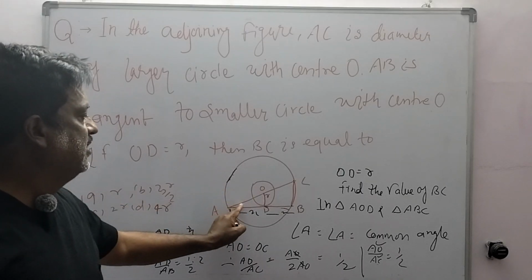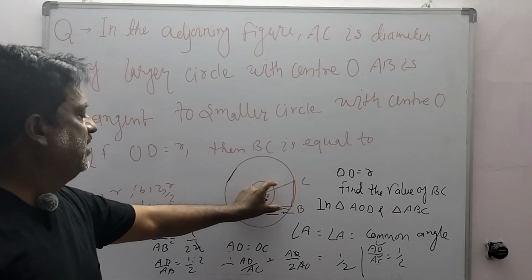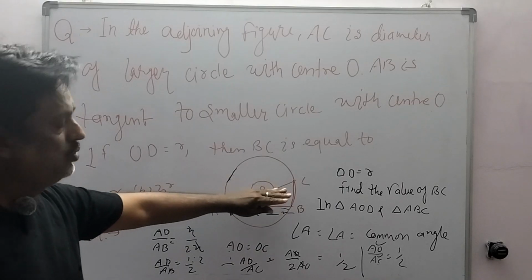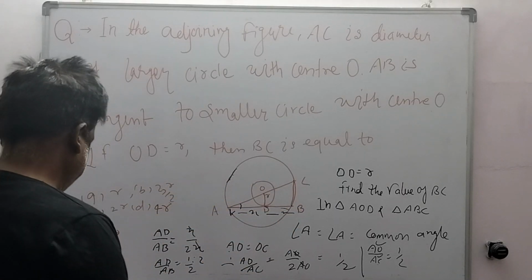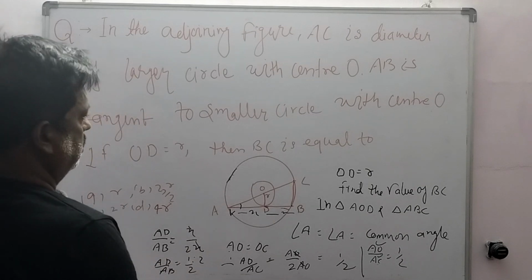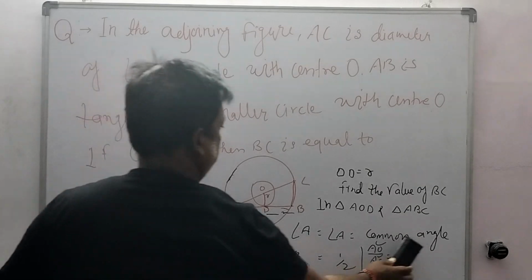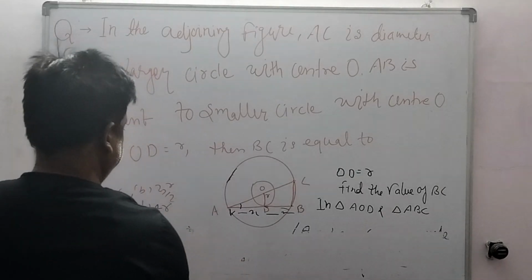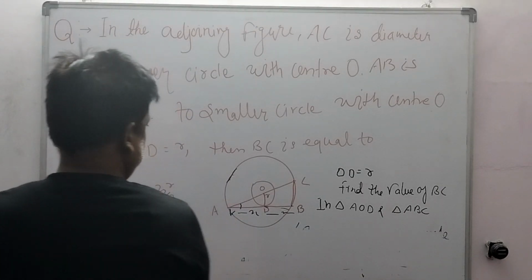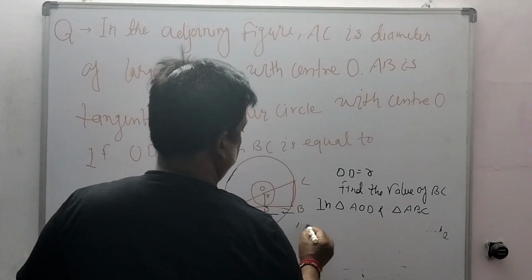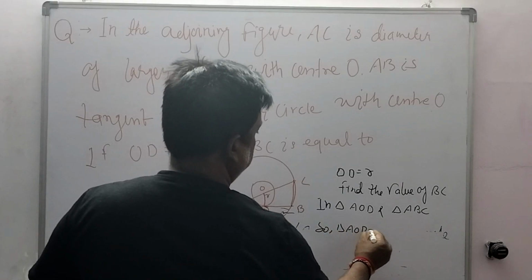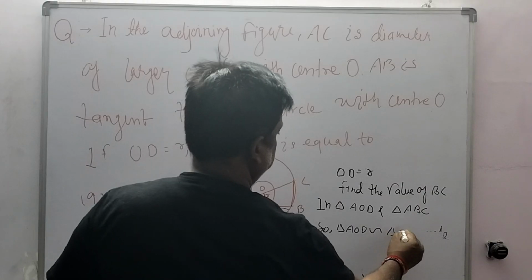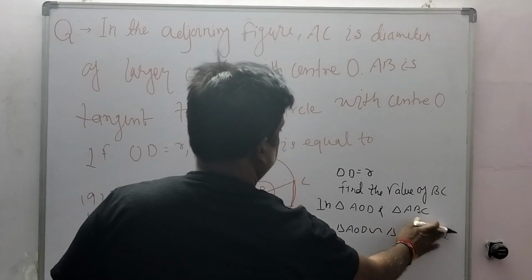In the small triangle and the bigger triangle, two sides have the same ratio. So considering all this, triangle AOD is similar to triangle ABC.